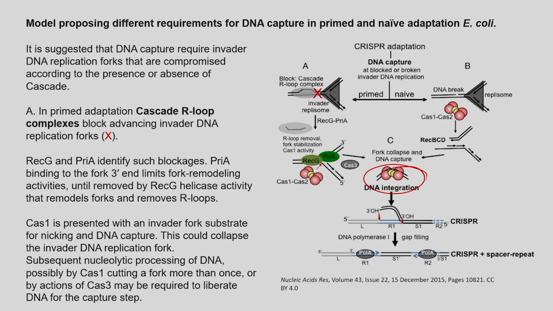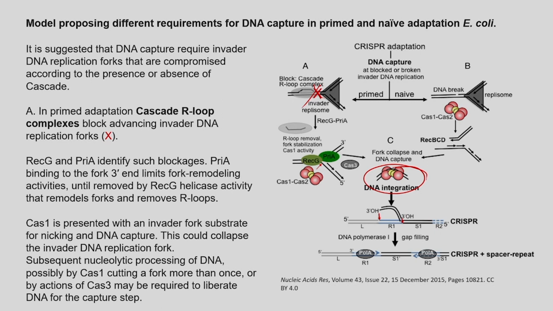So, it will be blocked over here. RecG and PriA identify these blockages, and PriA binding to the fork 3' end limits fork remodeling activities until removed by RecG helicase activity, which remodels the fork and removes the R-loops.